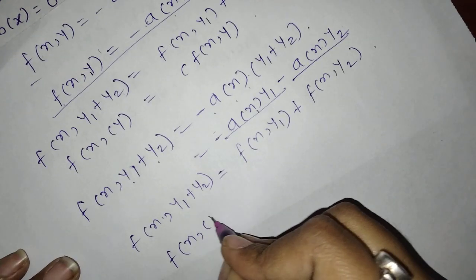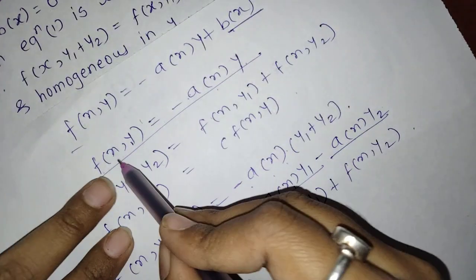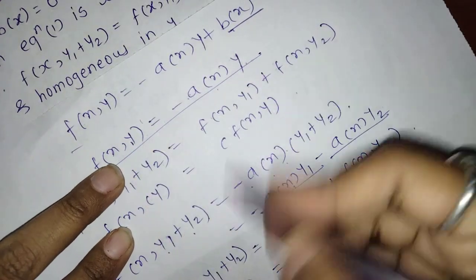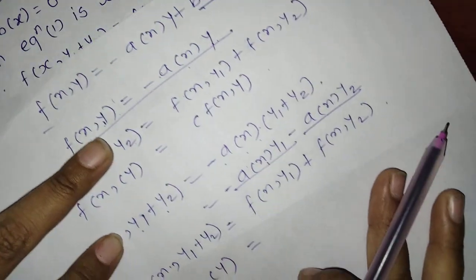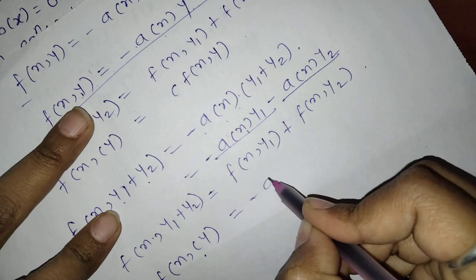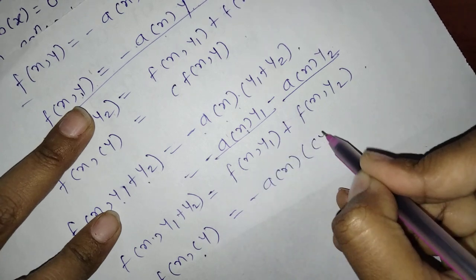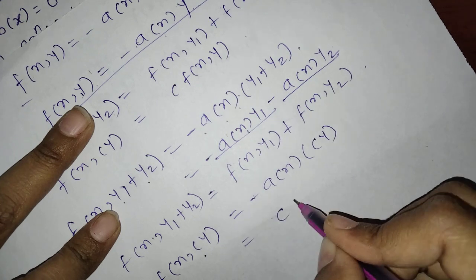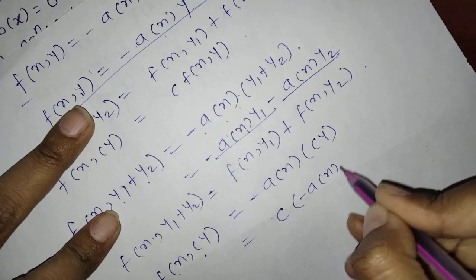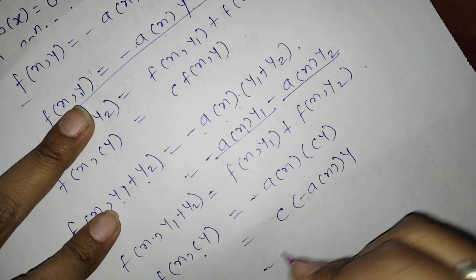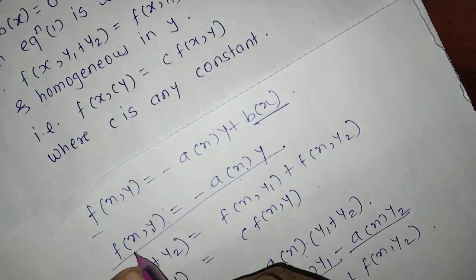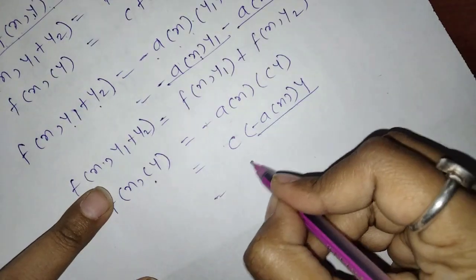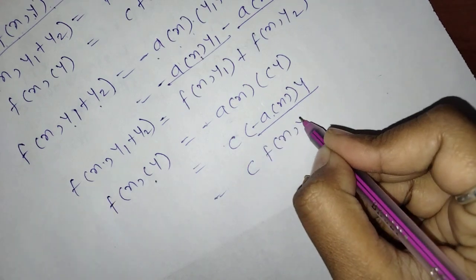Now for the second condition, f(x,cy): here y is nothing but c times y, so replace y with cy, so -a(x)y becomes -a(x)cy. Now take c outside, we get c times (-a(x)y), and -a(x)y is nothing but f(x,y), so this becomes c f(x,y).